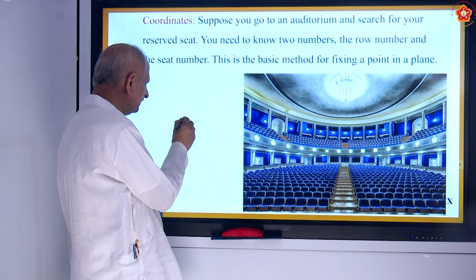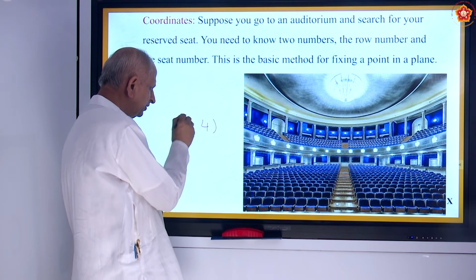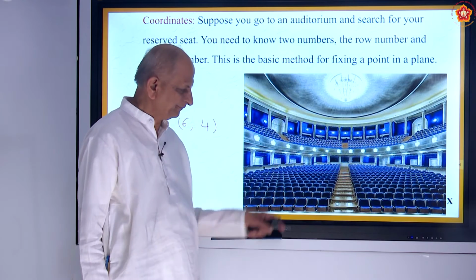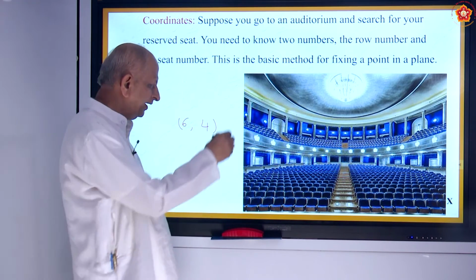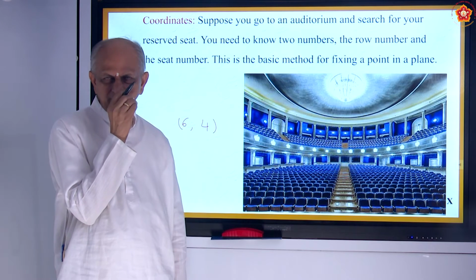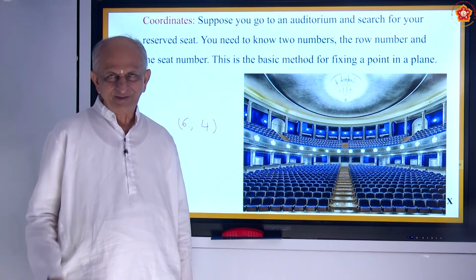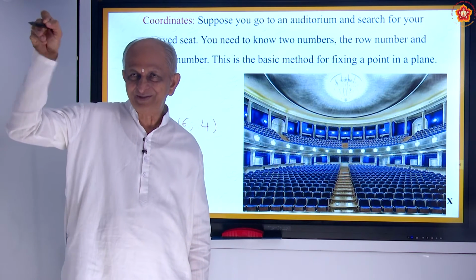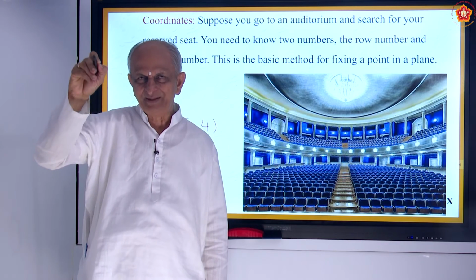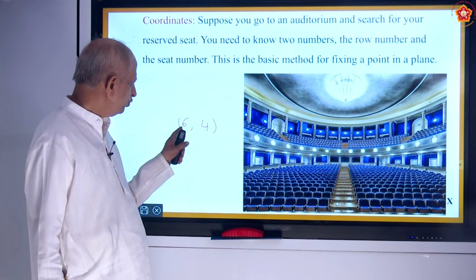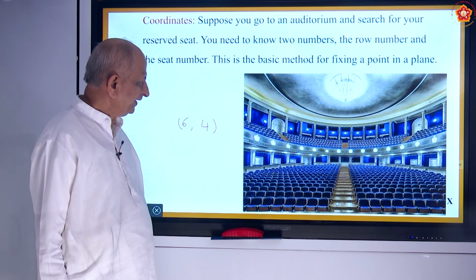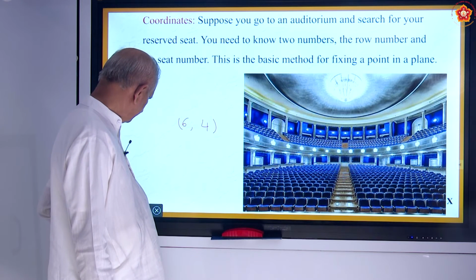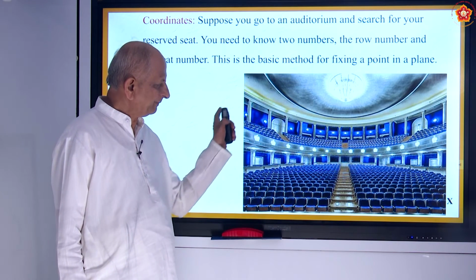Suppose a point like 6 and 4 is your place. 6 stands for the x-axis, the 6th horizontal line, and 4 means the vertical line. In a theatre also, if you say a seat number, they will have a small torch and show you the line, and you simply go and sit there. So they will have two numbers. It was Descartes who said about this, and this is an example of an auditorium.